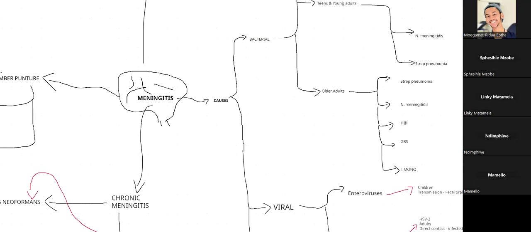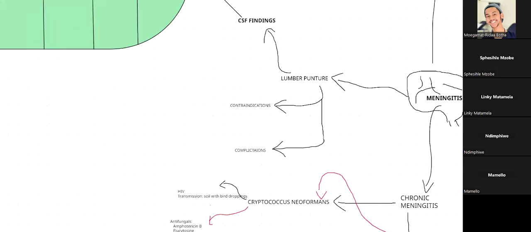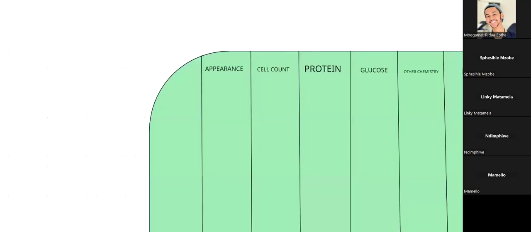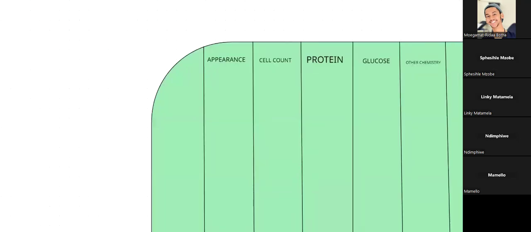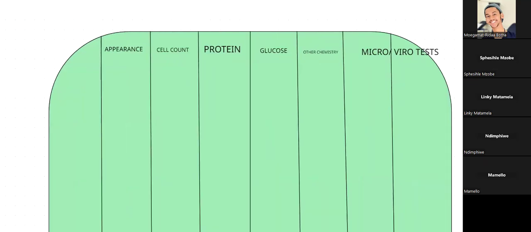The Zoom meeting might end soon, but I would like to explain in the next session the investigations for meningitis. So the lumbar puncture we will do. We need to know the contraindications and complications, and try to understand all the types of interpretations or things we need to look out for on the CSF.